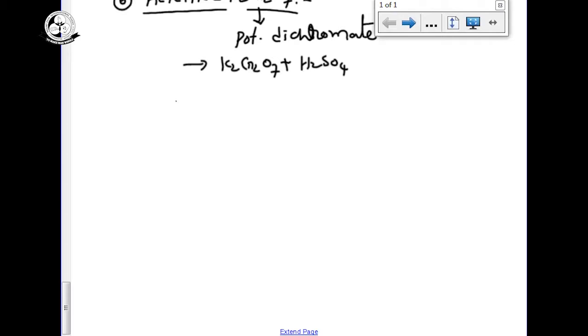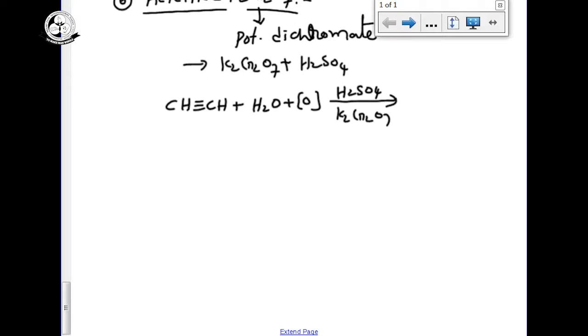Suppose I take acetylene, CH triple bond CH, with acidified K2Cr2O7, that is H2SO4 and K2Cr2O7. We get the compound CH3COOH. Acetylene is converted into acetic acid.